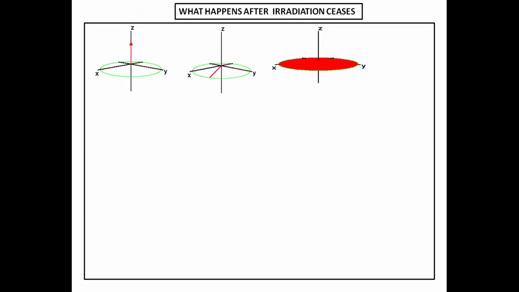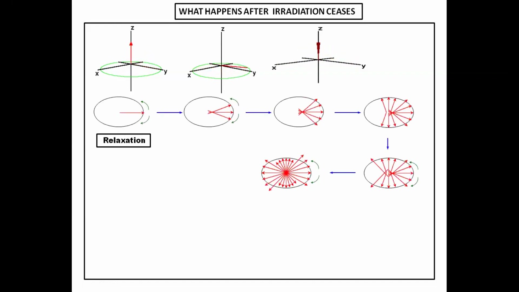The magnetization which was in the XY plane precesses and wants to re-establish the equilibrium, and it again goes to the Z direction. Pictorially we can show it here: it is in Z direction, then XY, and from XY it goes again to Z, like a cone rising from the XY plane to the Z. So this phenomenon is called relaxation.